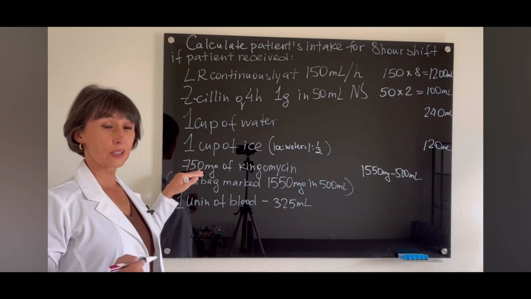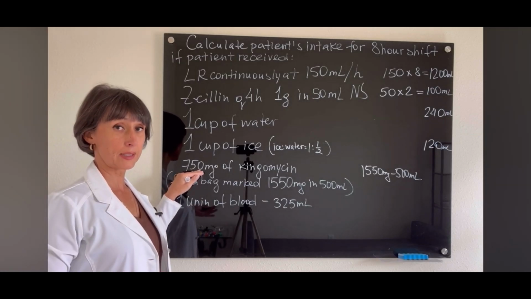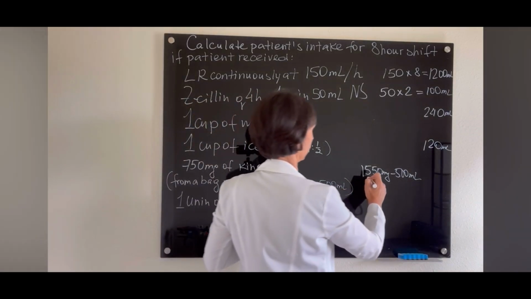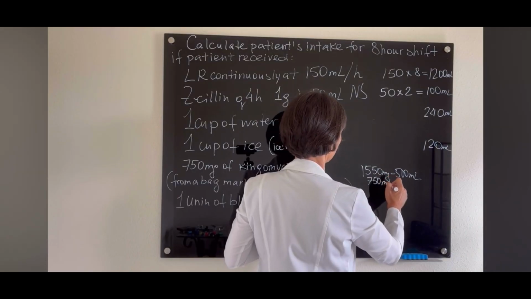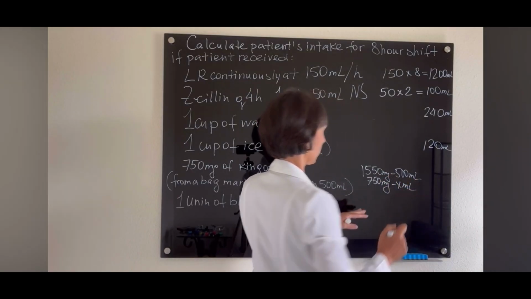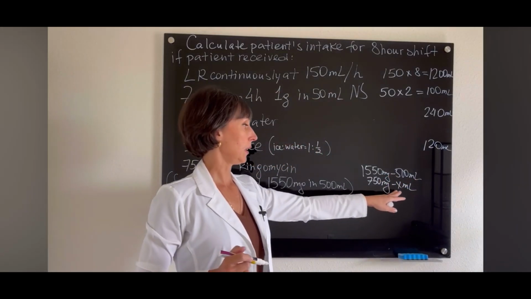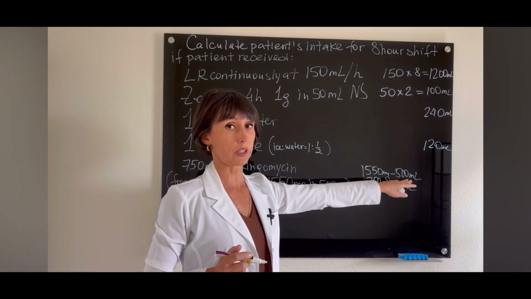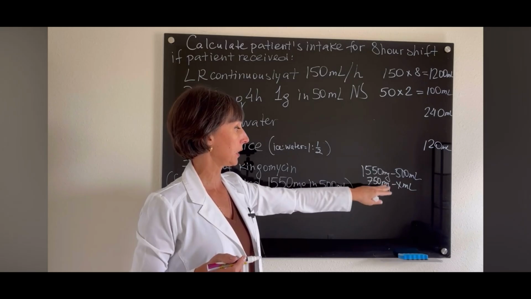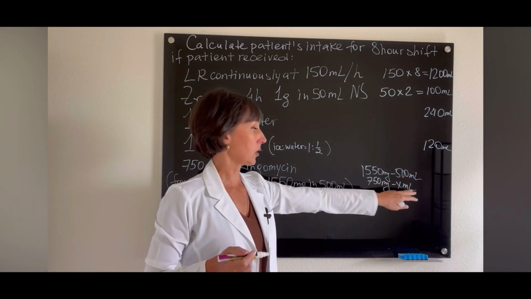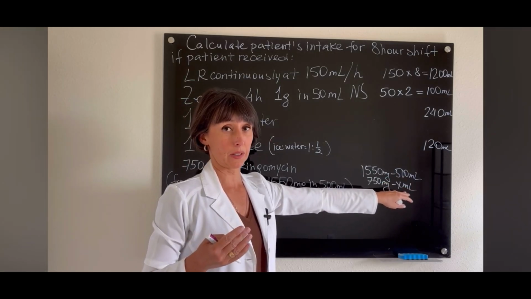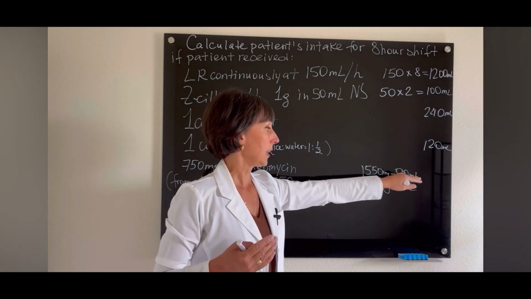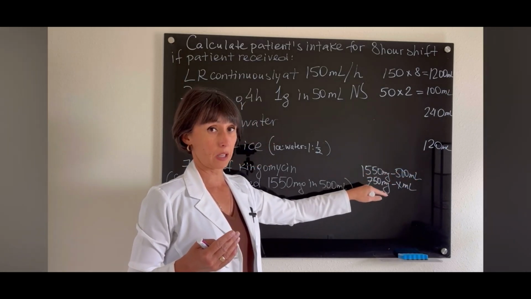I need to know for 750 milligrams, how many ml is that? 750 milligrams is X milliliters. 1550 milligrams is 500 milliliters. I double check myself. Do I have milligrams under milligrams? Milliliters under milliliters? Using the DKP method, this is very important, to have the same measure under the same measure.